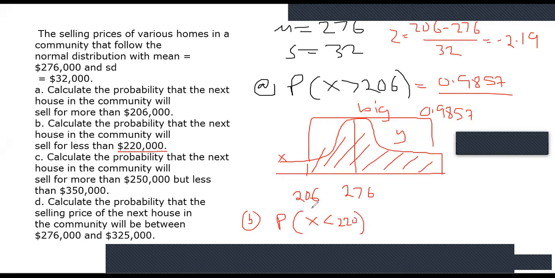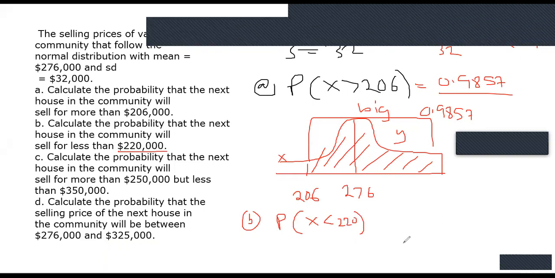Then the next step, we need to illustrate. We have the mean there, which is 276, and we are told that X is less than 220. To start with, we know that 220 is less than 276, so it will be on the left side.